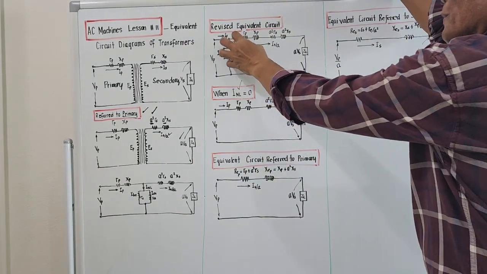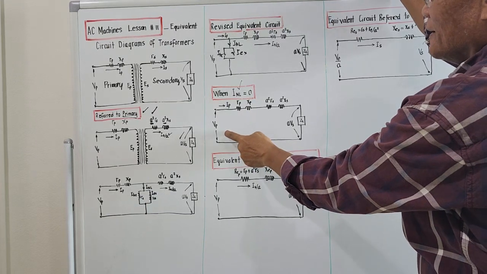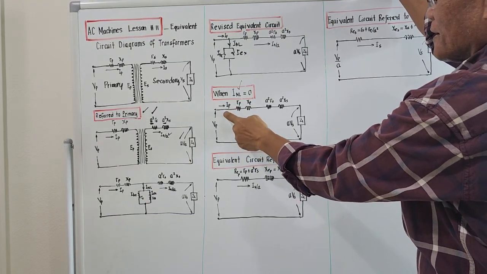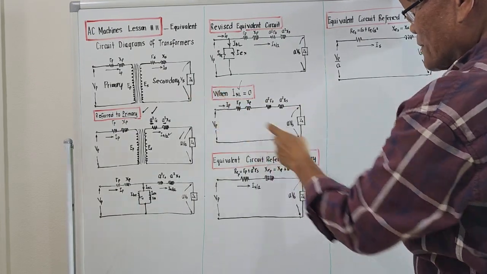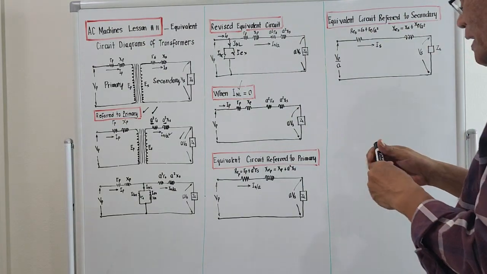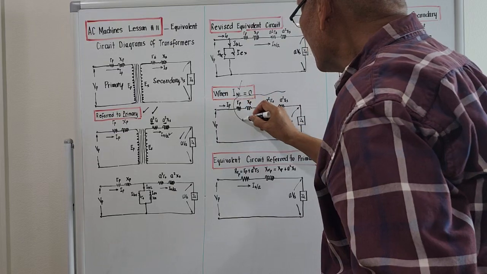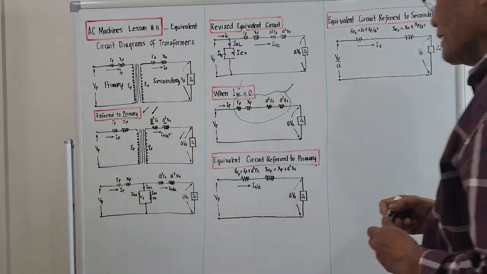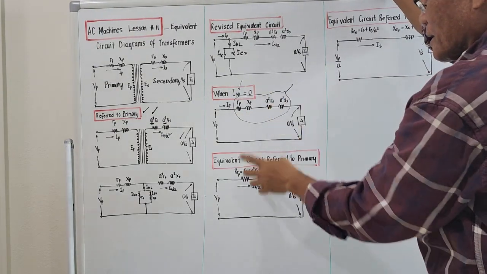So after removing this portion of the circuit, this is still V sub P, this is the primary current. The voltage across this referred to the primary is A times V sub S. So if we now try to compress this one, we combine R sub P and A square R sub S.